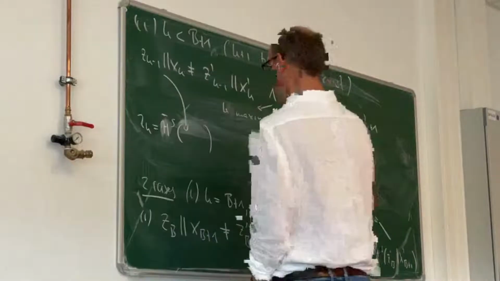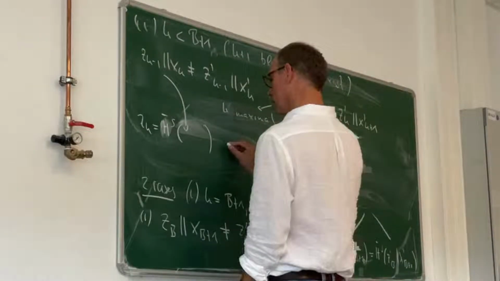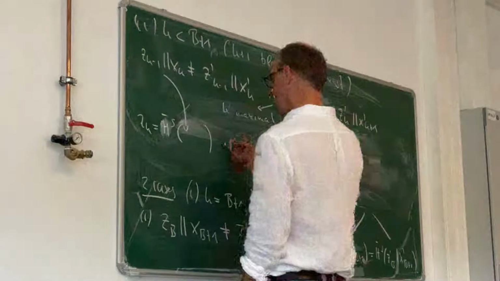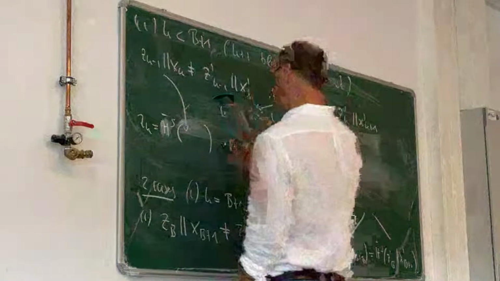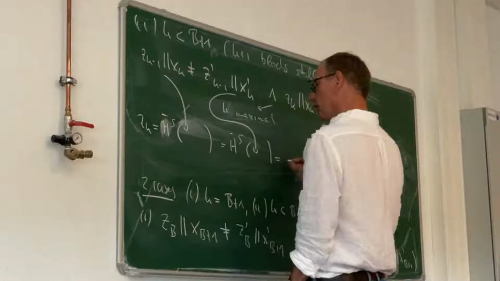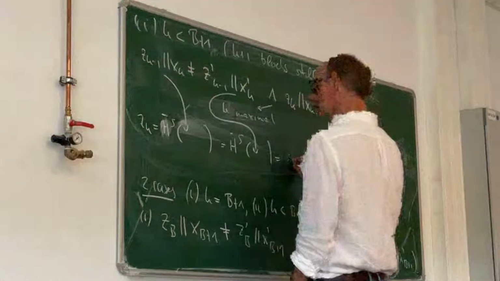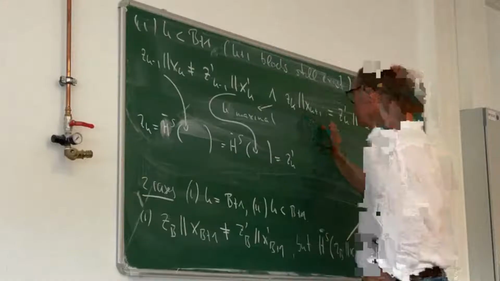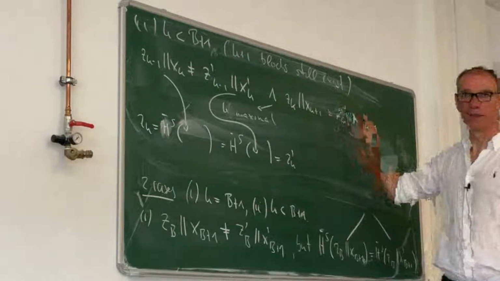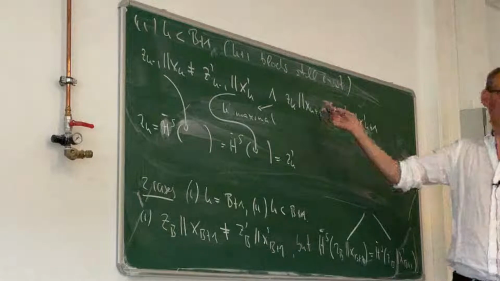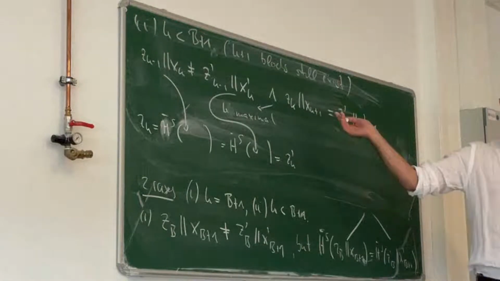And this is the same as h bar of s of this value, which is z'_k. And if these are the same, then all the individual blocks must be identical, right?